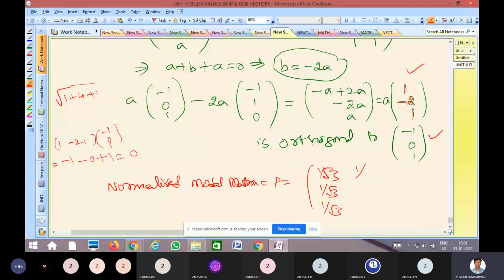The second vector you can observe here, 1 minus 2 1, so 1 by square root of 1 square plus minus 2 whole square plus 1 square, so square root of 6: 1 by root 6, minus 2 by root 6, 1 by root 6. Corresponding to the third vector x3, minus 1 by root 2, 0, 1 by root 2.